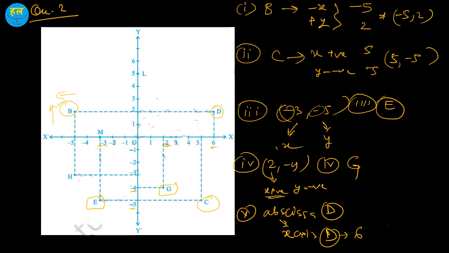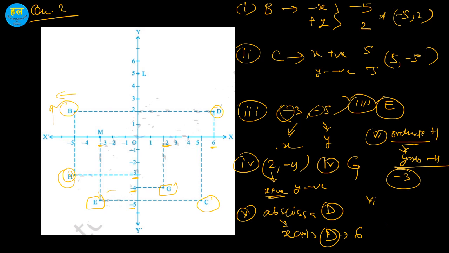Sixth, we have to find the ordinate of H. Ordinate is basically the y-coordinate of H. So where is H? Here is H. So we have to find the y-coordinate of H. Y is vertical, and it is minus 3.